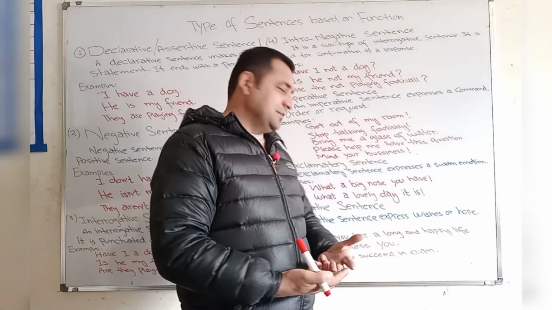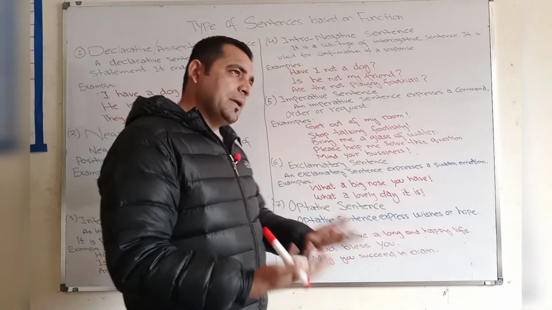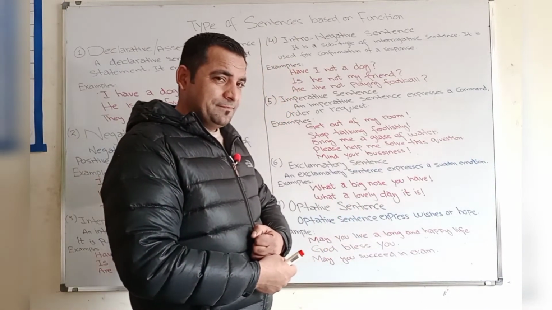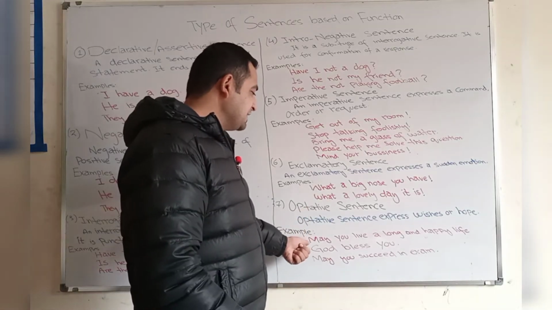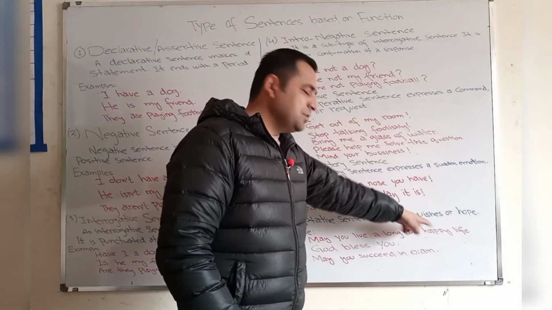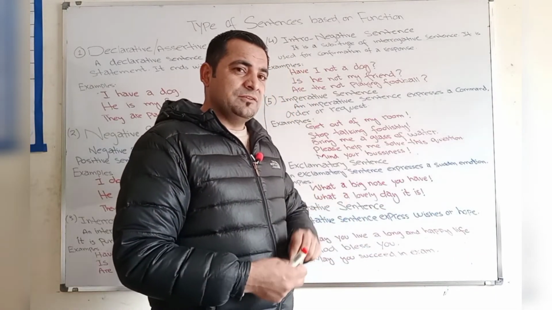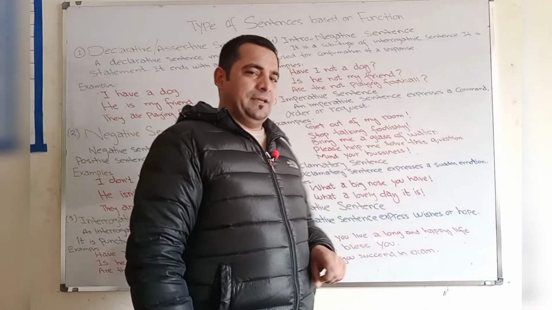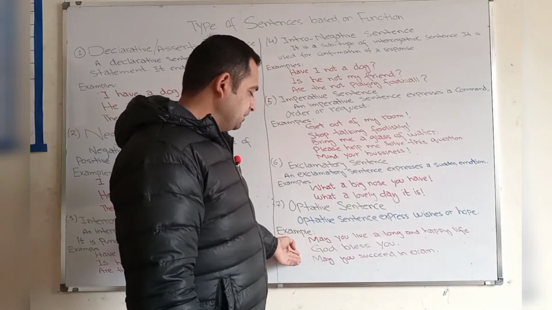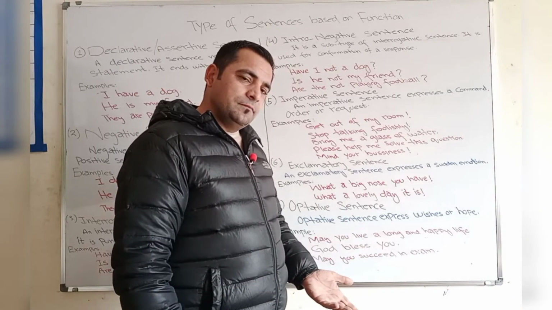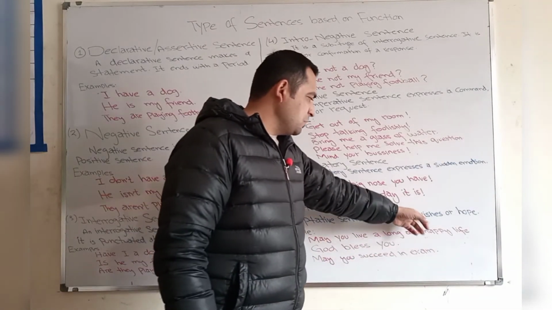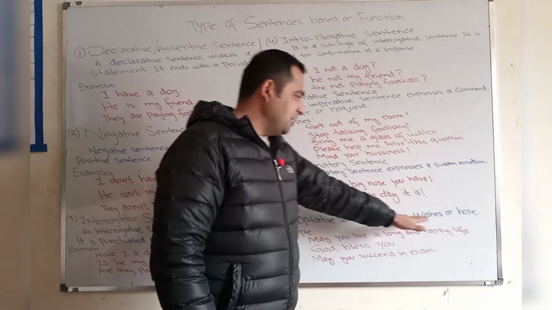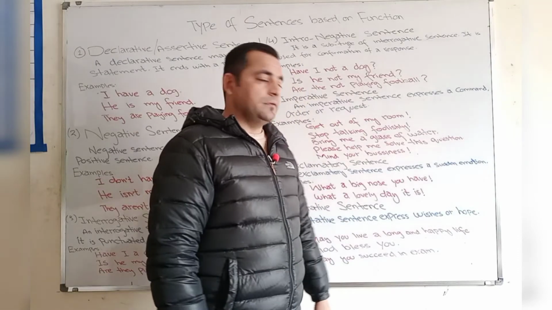For example, your parents may say, "May you live a long and happy life." Now, this is an example of what? A wish. Your parents are expressing their wish for you, saying that you should live a long and happy life. Second example, God bless you. Also, this is what? A wish. May you succeed in the exam. So this can be a wish, this can be a hope, right?